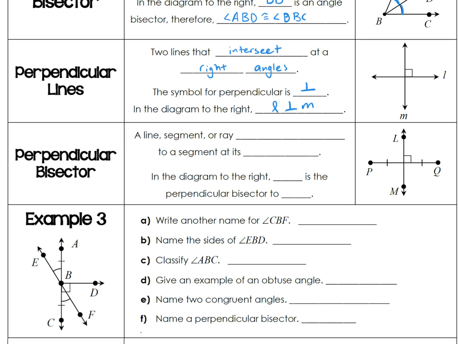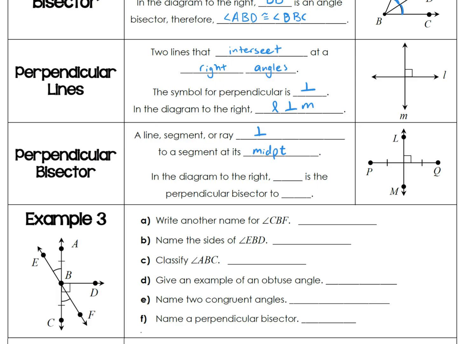Now, we learned about bisectors, we learned about perpendicular lines, and now we're going to put it all together. A perpendicular bisector is something that does both jobs. It is a line, a segment, or a ray, it doesn't matter which, that is both perpendicular to a segment and it intersects at the midpoint. And because it intersects at the midpoint, it is going to bisect the segment that it is intersecting.